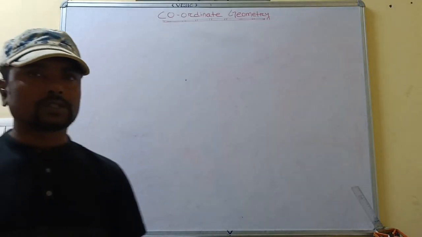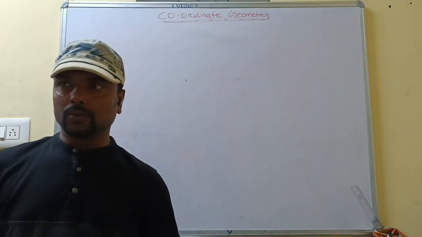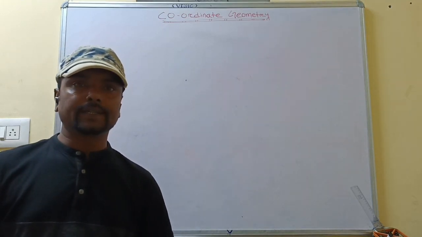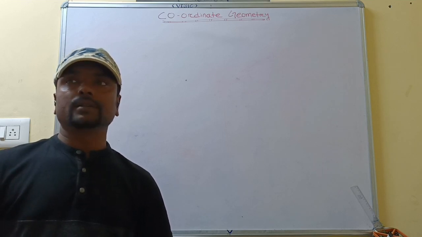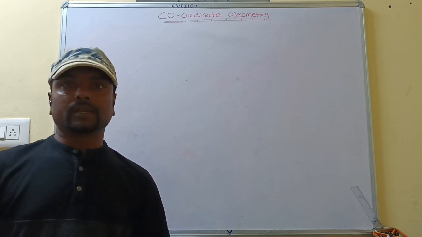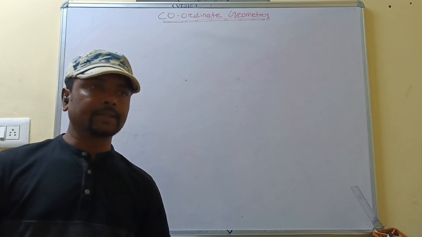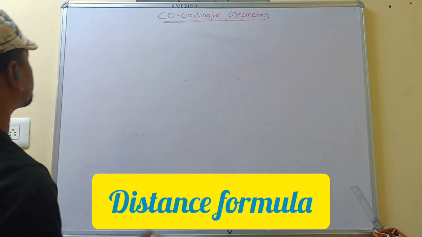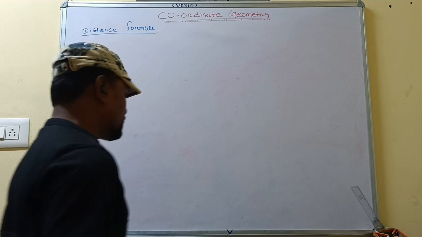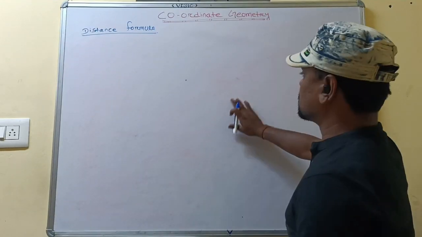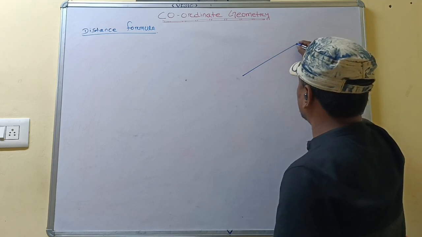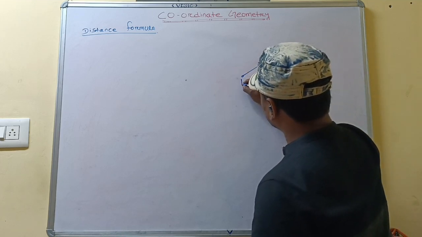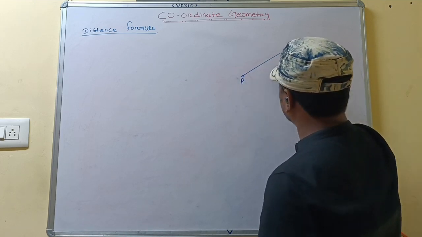Now I am going to discuss the distance formula, which is very important in the 10th board exam. Students are unable to understand how it happens, and this concept I will teach you very elaborately. Just focus. Distance formula means we will discuss the distance between 2 points P and Q in coordinates.